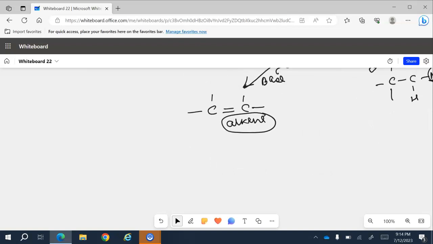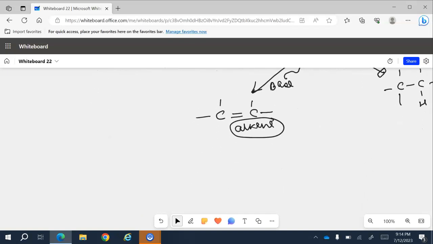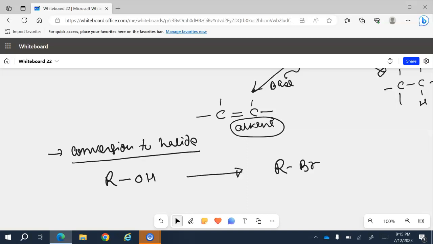Now the next category of reaction that we wanted to discuss about the alcohol is the conversion of alcohol to halide. Alcohol can be converted into halides. That means here ROH, this is the alcohol, you wanted to convert that into RBr.